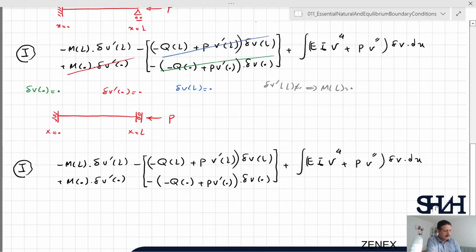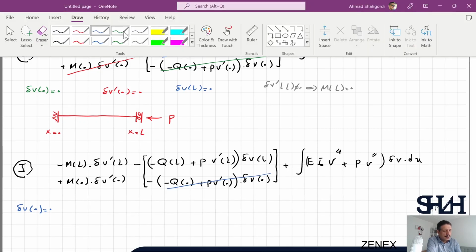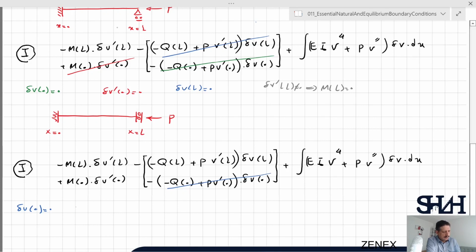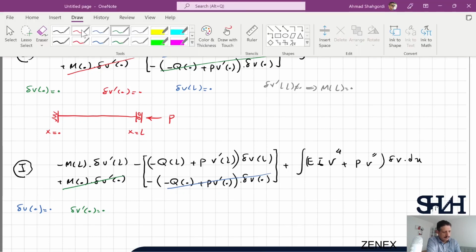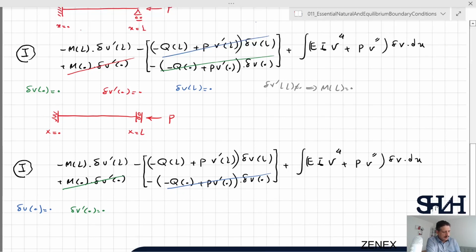So here we know that delta V at 0 is 0. This is gone. Then delta V prime at 0 is 0. Then delta V prime at L is 0.